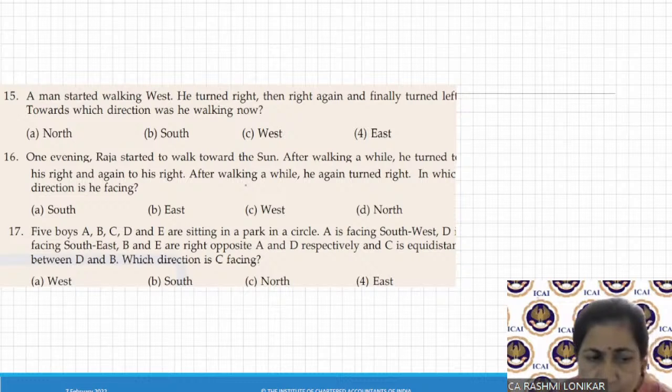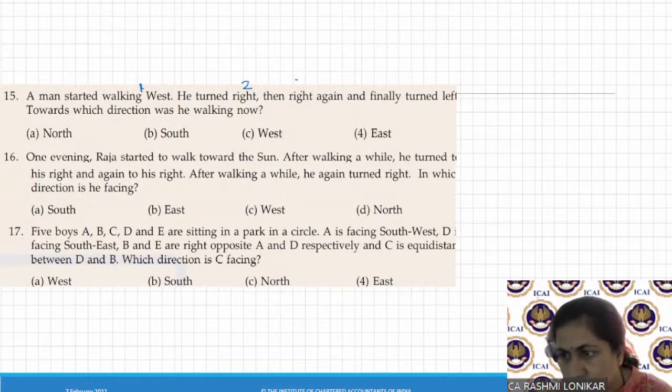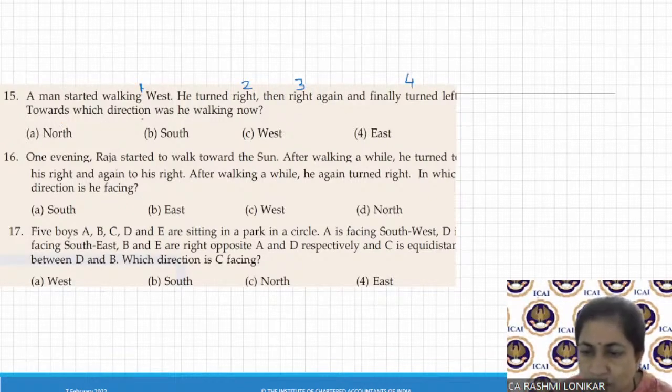Now we have, which sum? We have 15th sum. So what is the 15th sum saying? A man started walking west. Okay, so he started walking west. This is the first step. He turned right. So second step. Then right again. Third step. And finally turned left. Towards which direction was he walking now?